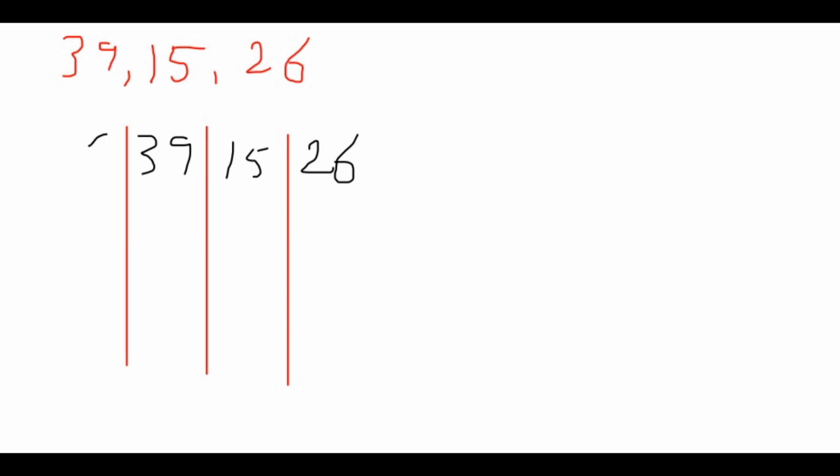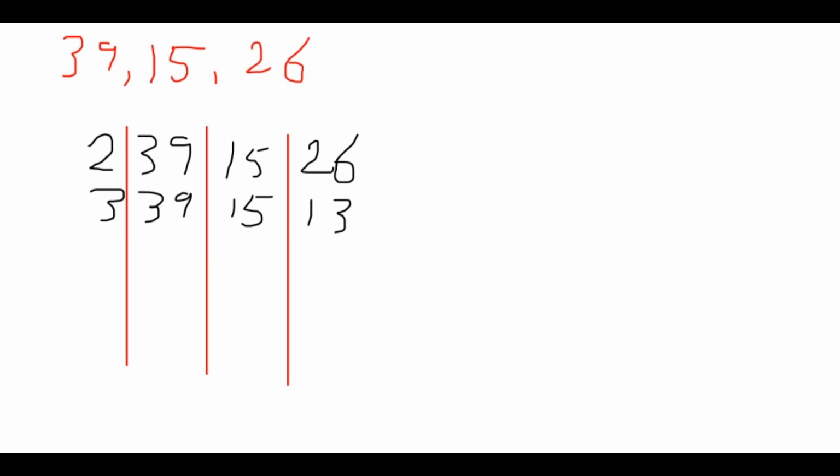So if we write 2 here, 39 divided by 2 is a decimal number, so we'll just bring it down. We do the same for 15, since 15 is an odd number, and 26 divided by 2 is 13. Now there are no even numbers left, so next we divide by the next prime number, which is 3.